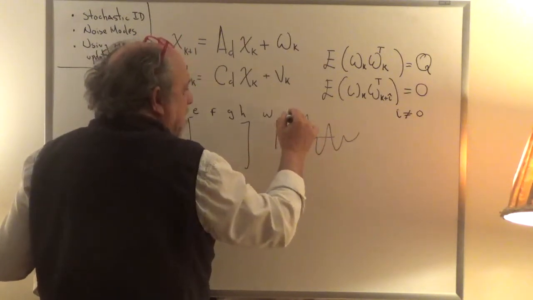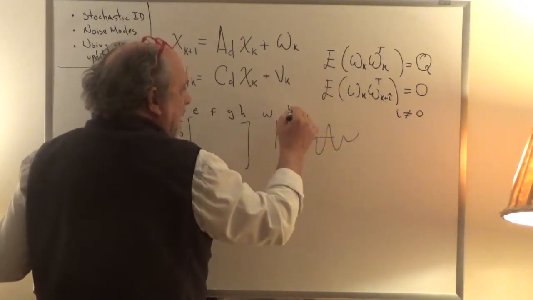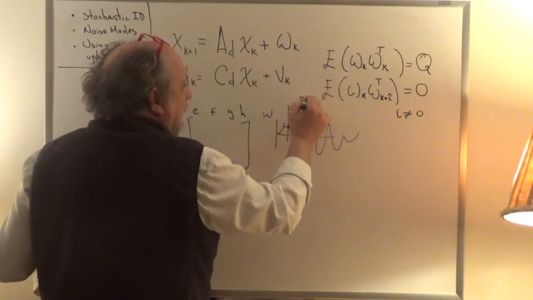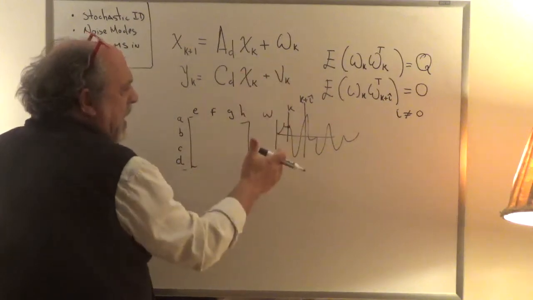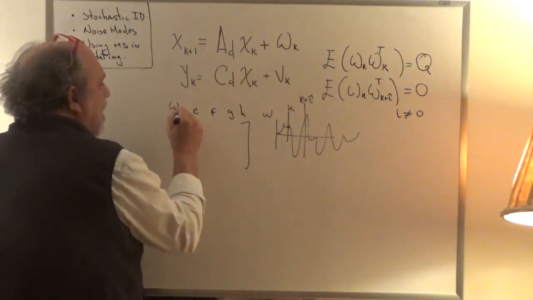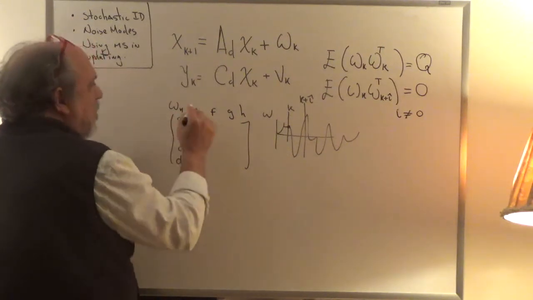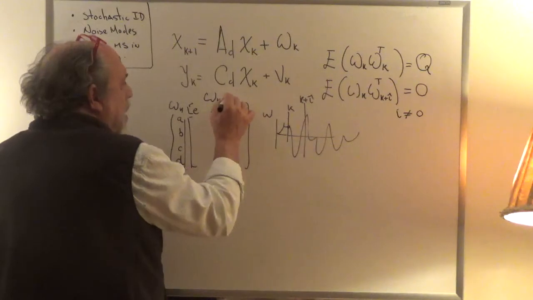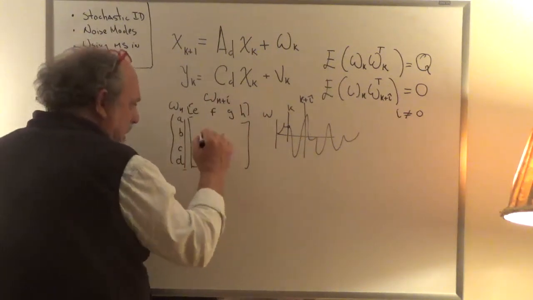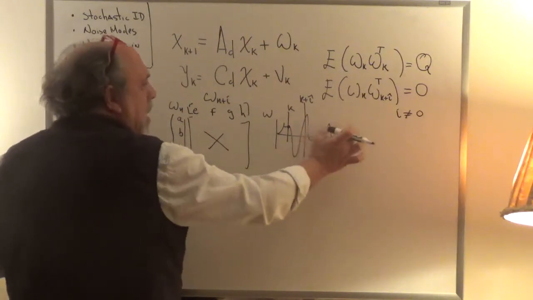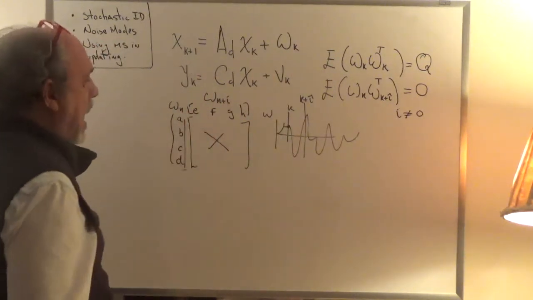So we are taking something here at k and something here at k plus I. So we take the vector at k here, like this, take the vector at k plus I here horizontally, multiply the two, get a matrix, right? Then move the k along the line and take the average of all that.